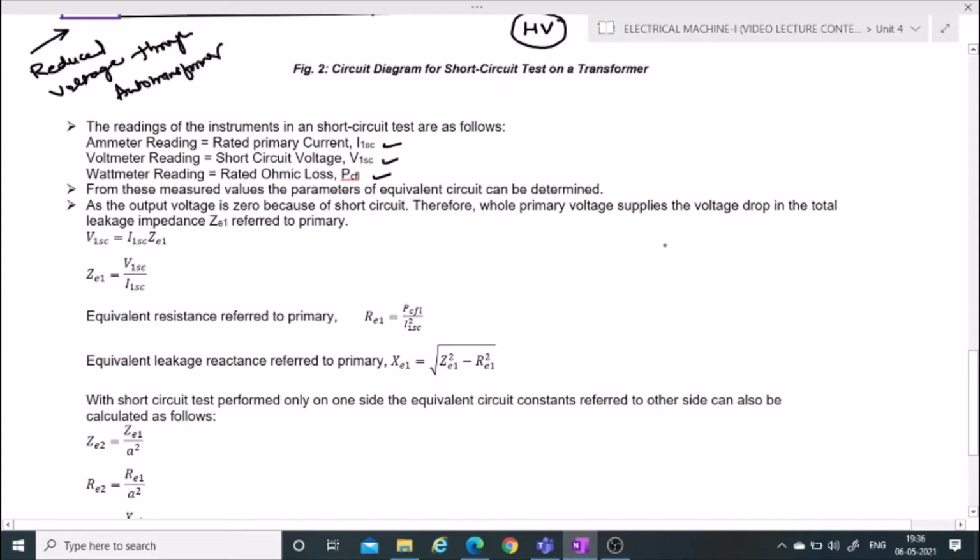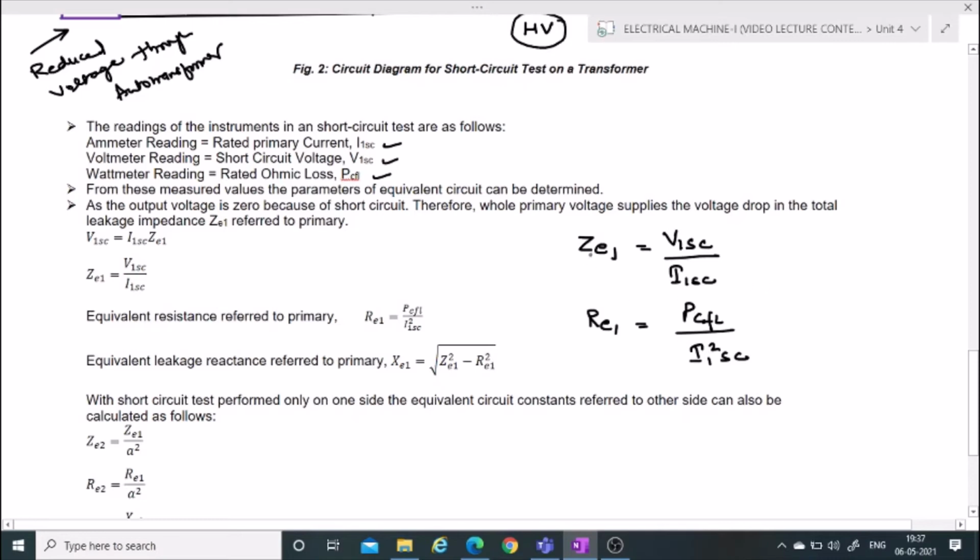So from these measured values we can determine the following parameters. First, as we have the ammeter reading and we have the voltmeter reading, so we can calculate the equivalent impedance ZE1 as voltmeter reading divided by ammeter reading. So this is the equivalent impedance referred to primary side. Also, from wattmeter reading we can have RE1 = PCFL divided by I1SC square, because wattmeter reading is giving us the copper losses, that is I square R losses.